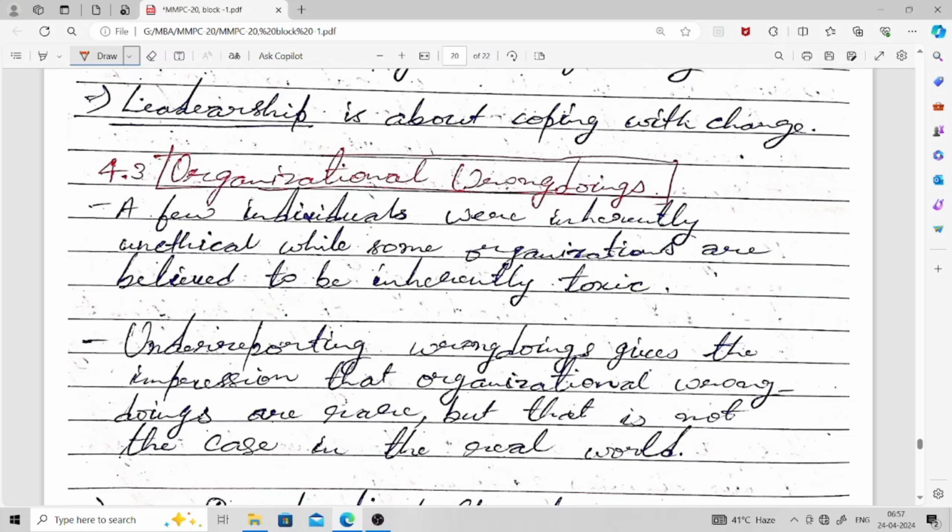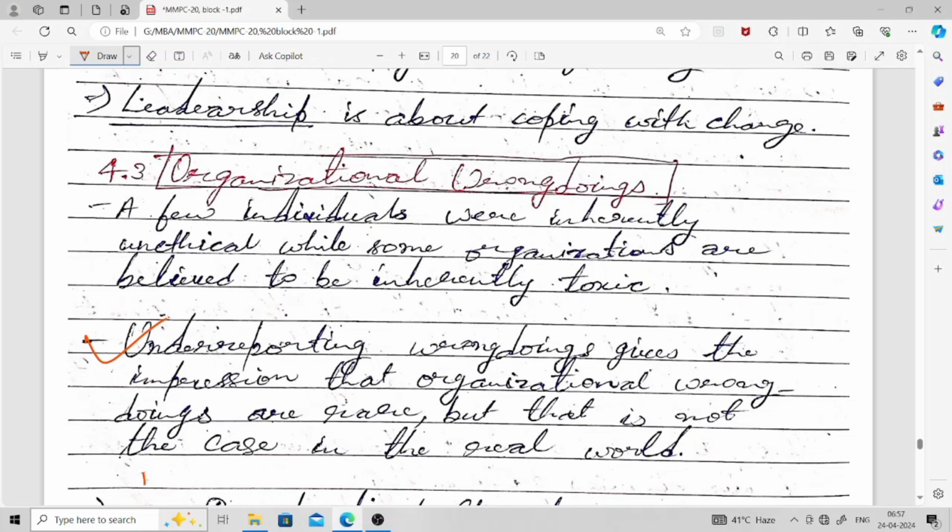Here, underreporting. In the real world, it is not that organizations are doing less wrong, or not doing wrong.